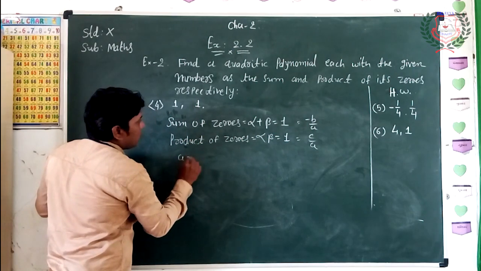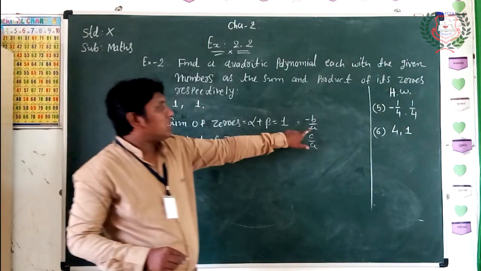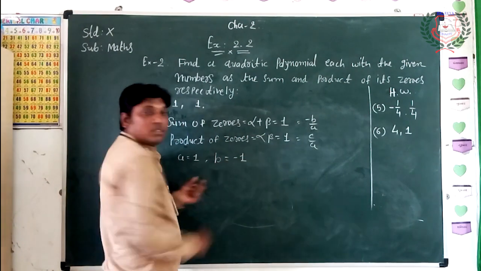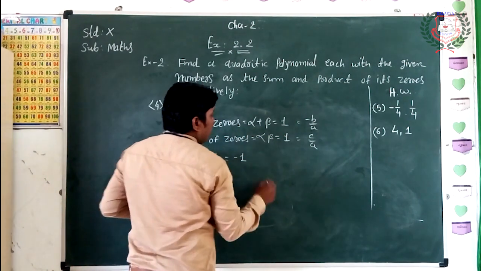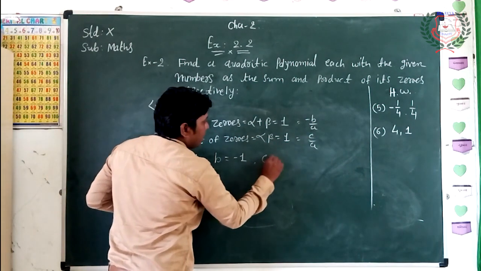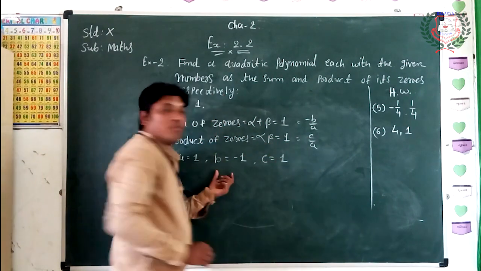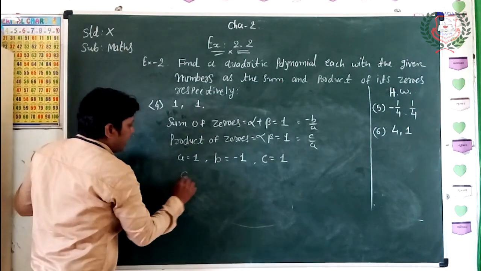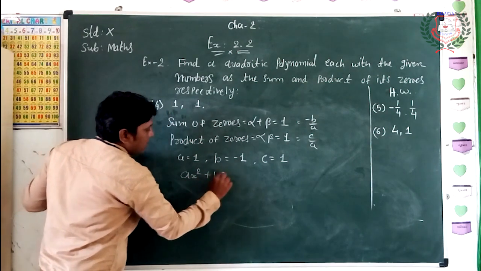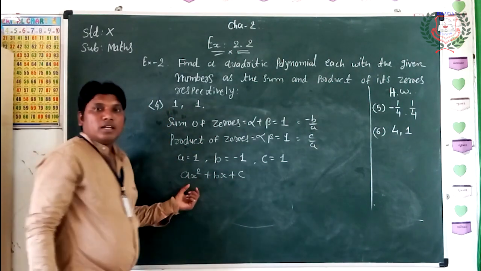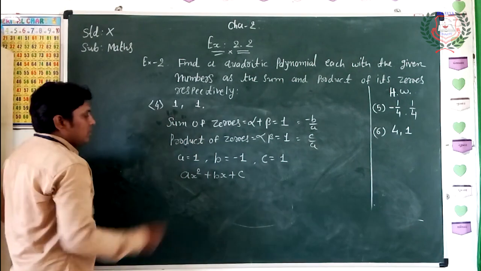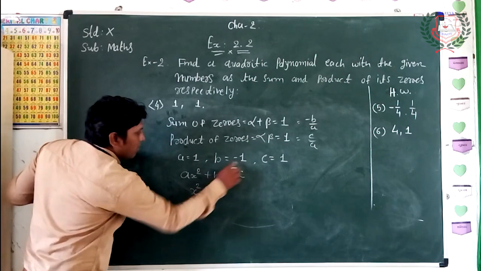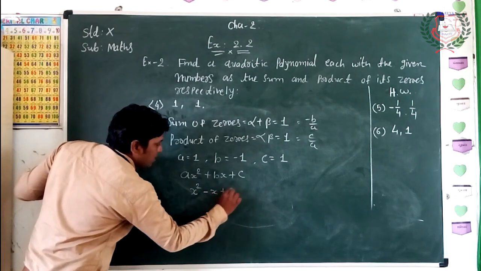When a is equal to 1, we get the value of b is equal to minus 1, and comparing this, you get the value of c is also 1. Now write the standard form of the polynomial, ax square plus bx plus c. Now put the values of a, b and c. 1 you don't write, so x square minus x plus 1.